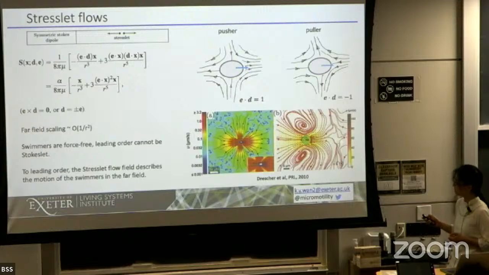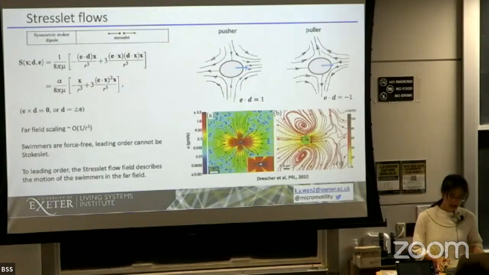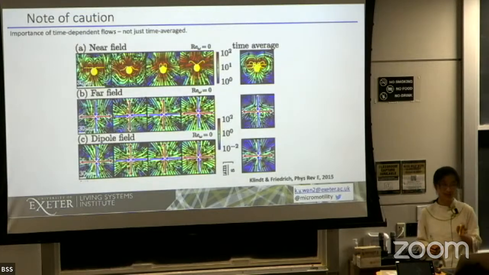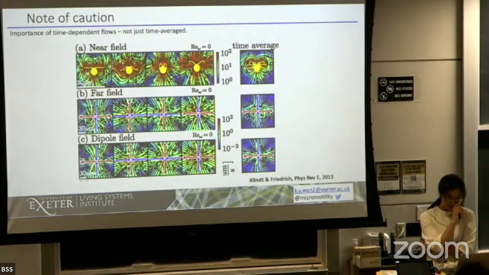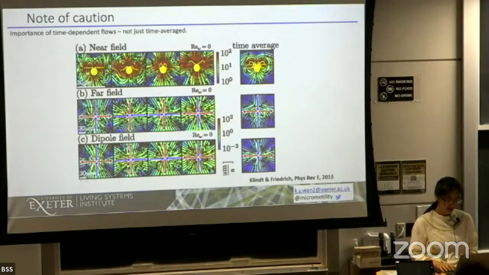So you have this interesting stagnation point in front of the cell, which is not captured by this very basic picture. And yes, I think there was a question earlier about whether you can change from being a pusher to a puller, and actually you can without doing very much.